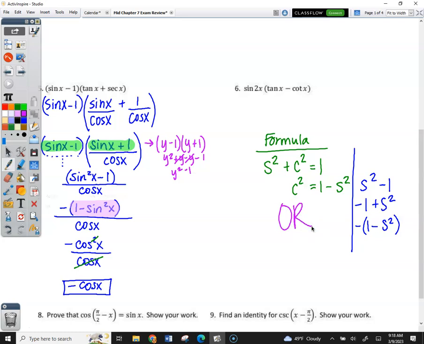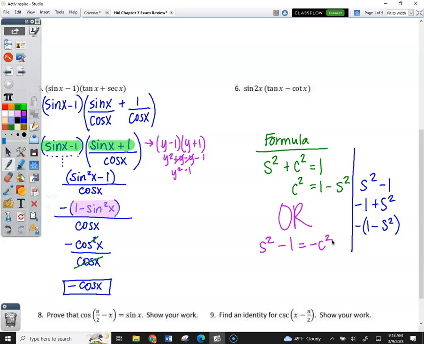So coming back over here, if you subtract 1 to the left, if you subtract cosine squared to the right, you can do that, and that's perfectly fine. A lot of people don't see that technique, which, let's be honest, probably a lot of people don't see the pulling a negative to the front either. But yes, either one works, so that's fine.